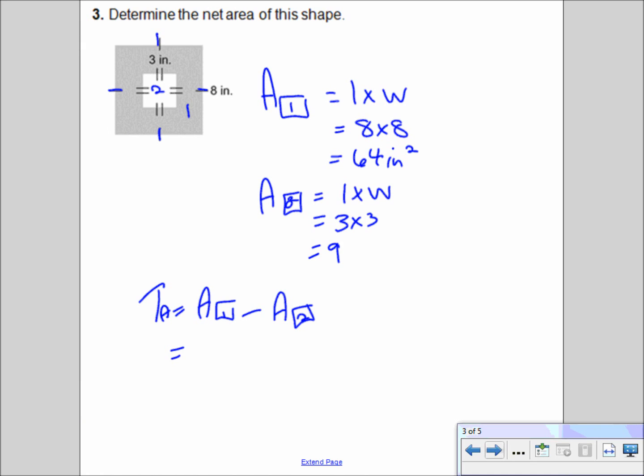So I get 64 minus 9. I can't do basic math in a minute. Okay, I was right. I second guessed myself. Inches, and remember area, so inches squared. I'll put my units here. Inches squared.